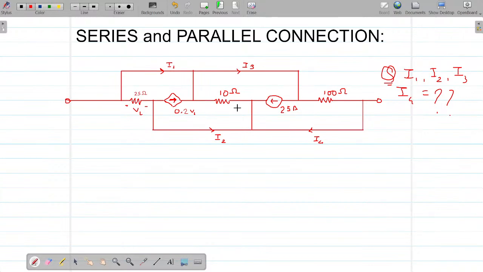Okay. What is a parallel connection? Two elements are said to be in parallel if the voltage across the two elements is the same.